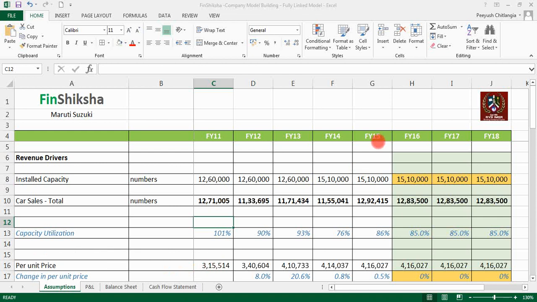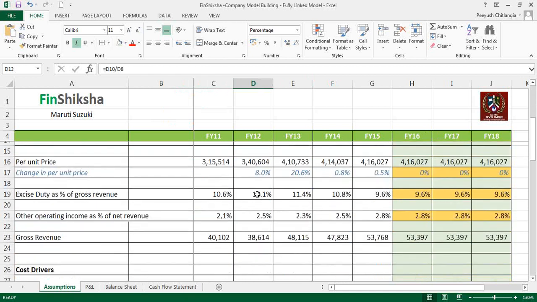That's calculated by our initial formula where we took the revenue and we divided the revenue by the number of cars, and that should give me the per car price, correct? At which they're selling the car. So that's how we calculated that. And we also calculated what is the growth rate in that number.